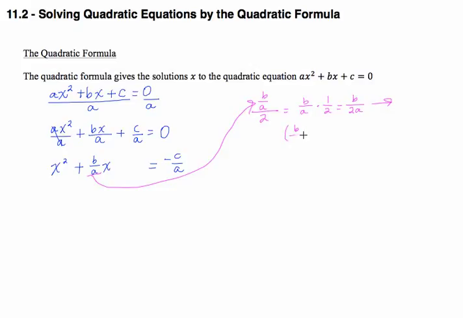If you square b over 2a, you get b squared over the denominator squared. 2 squared is 4, and a squared is a squared. So what we're going to add to both sides is this right here, b squared over 4a squared. So I'm going to add that in right here and right here.